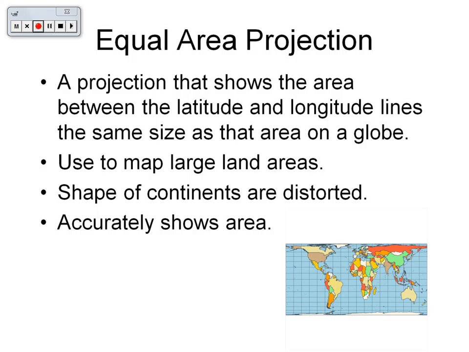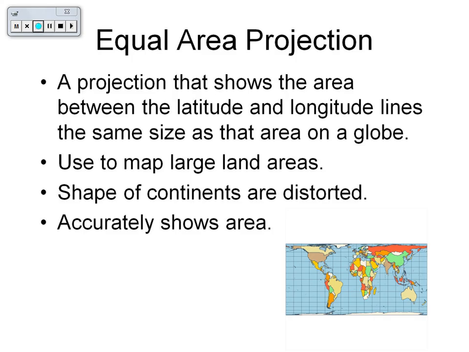An equal area projection is a type of projection that makes sure it shows the land the same size, or as accurately as possible. You can make an equal area projection out of any of the methods, either cylindrical, conic, or azimuthal.